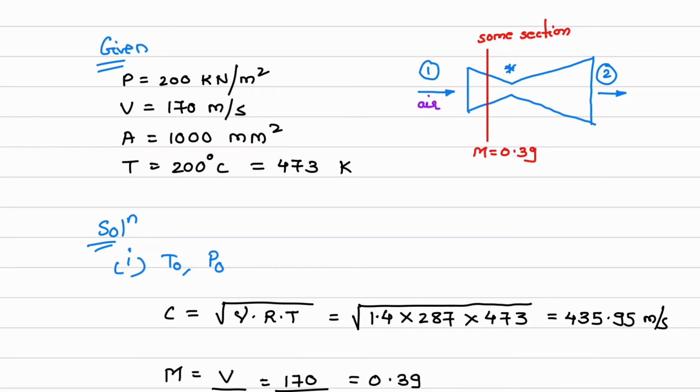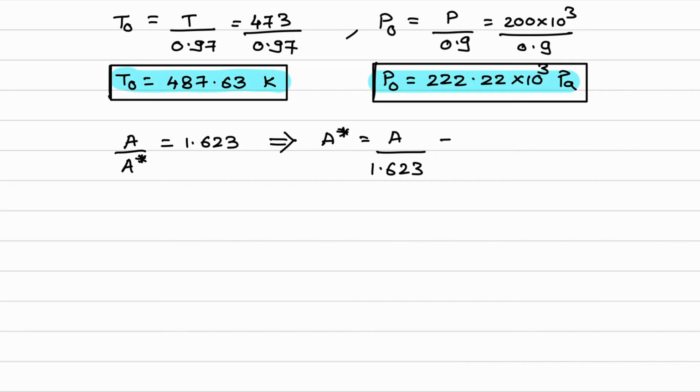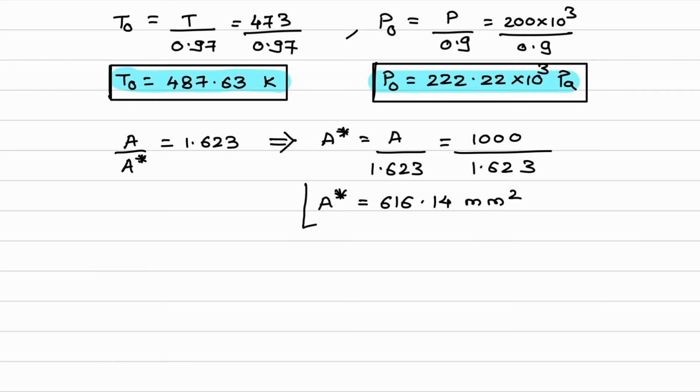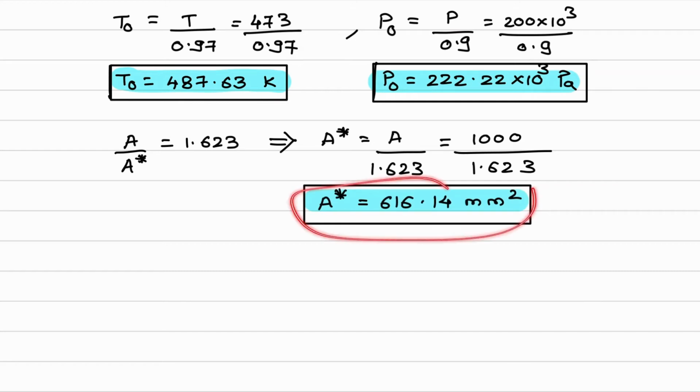So I'll substitute this value: 1000 divided by 1.623. From here I can find A star, which will be equal to 616.14 mm square. So this is the area at the throat. Okay, so we have basically completed the first question.